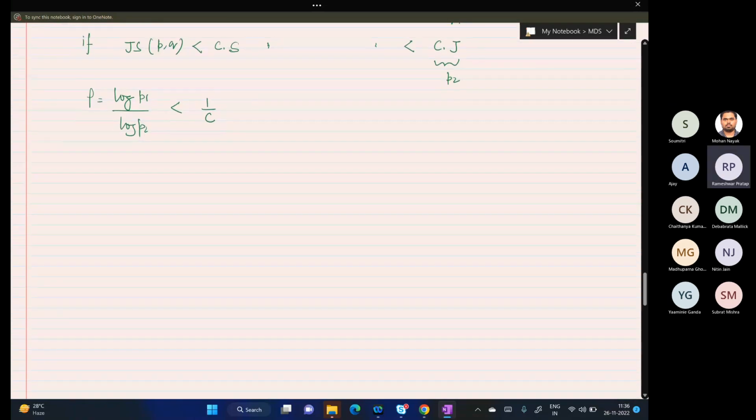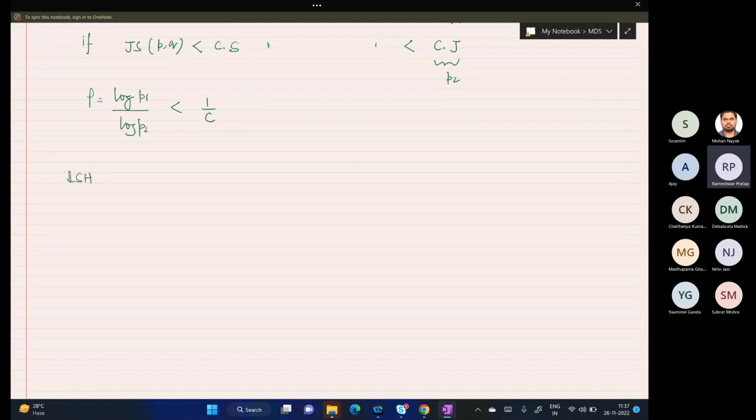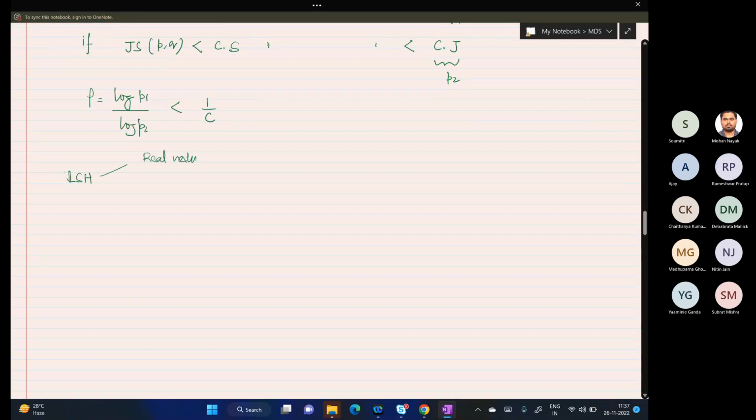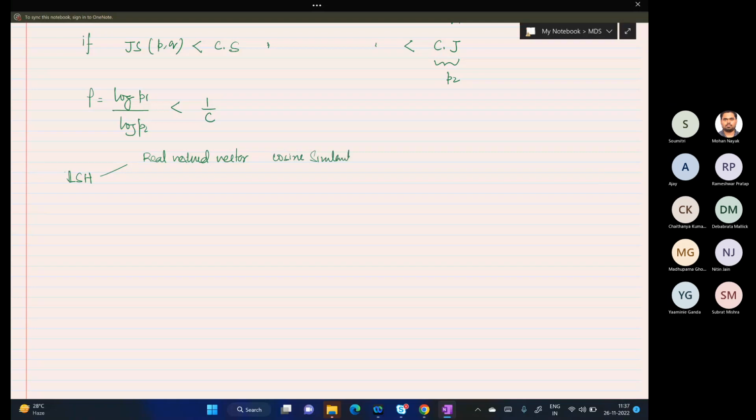Okay, so now we'll see some quick applications of LSH. So far we have seen LSH for real valued vectors and cosine similarity, LSH for real valued vectors and Euclidean distance, and LSH for sets or binary vectors for Jaccard similarity.